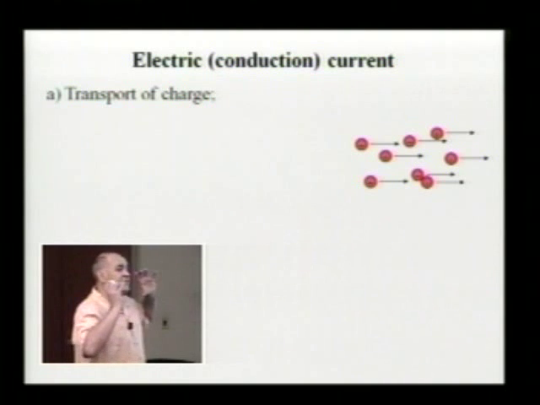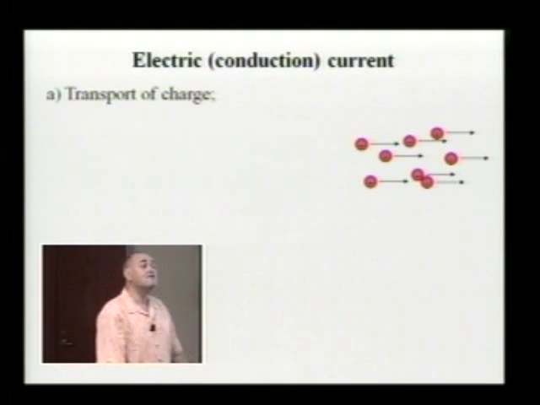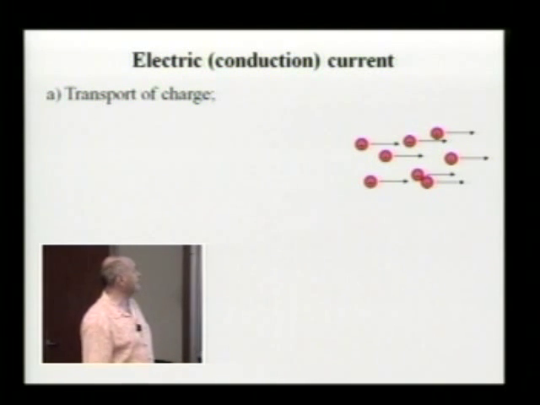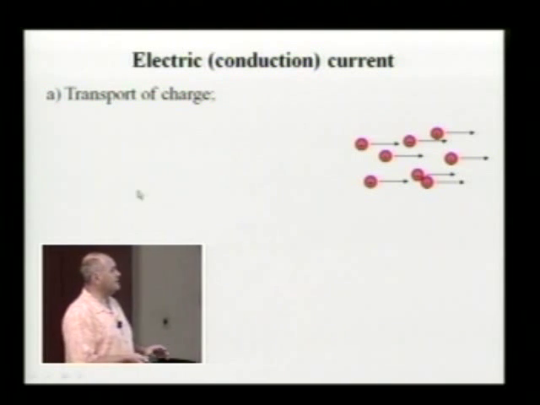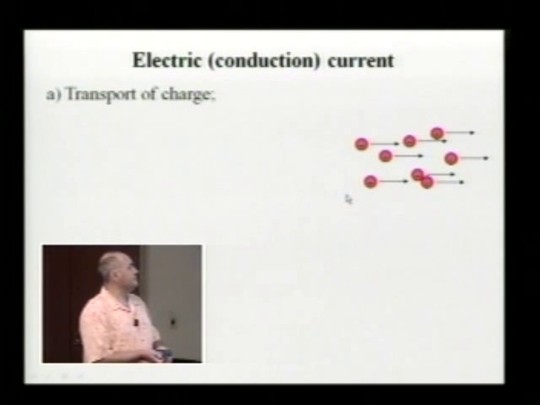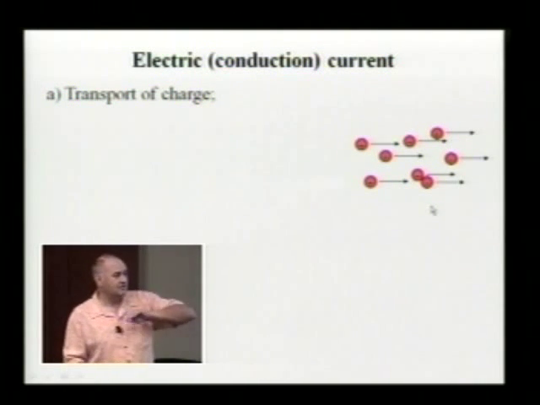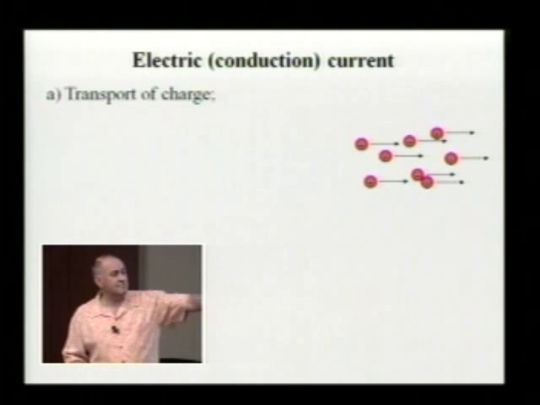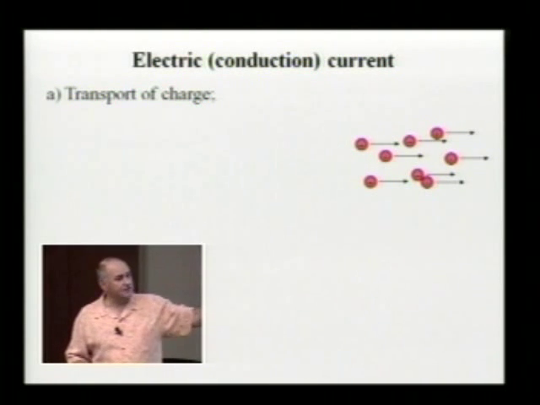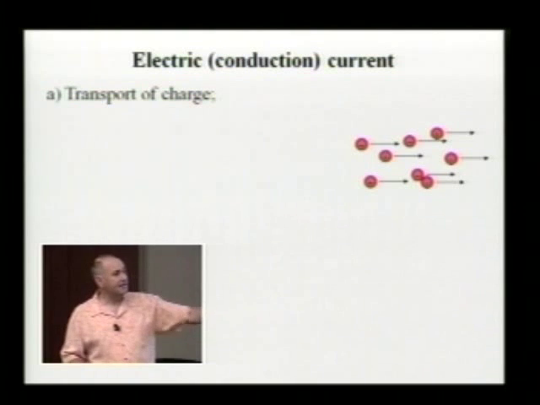The set of moving particles forms an electric current, and the current can be created by positively charged particles. For example, protons. We can have a beam of protons flying through space, and that beam forms an electric current.